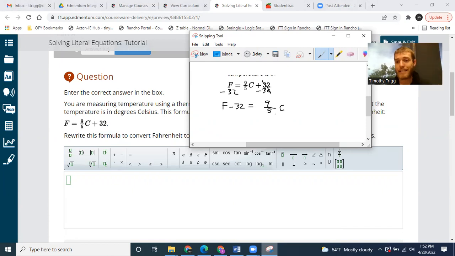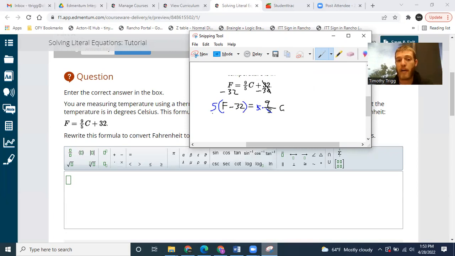Notice we're closer to getting C by itself. Again, our goal is to get C by itself. Now, notice this says 9 divided by 5, essentially. So we can go ahead and multiply by 5 to cancel it. We would multiply this side by 5 as well. Notice I'm putting parentheses around this entire left side.